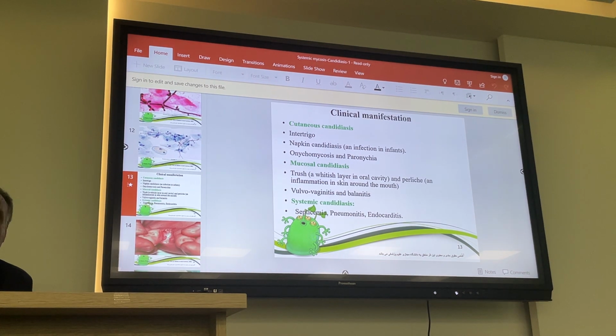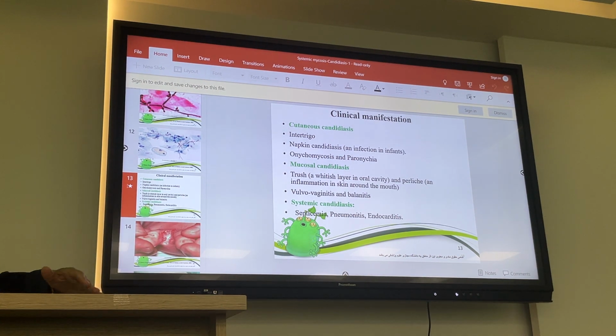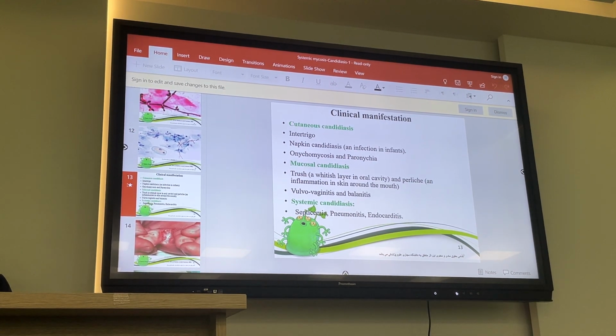Do you know solid transplantation? Yes or no? For transplantation, you need to suppress the immune system. In this situation, the Candida changes to the pathogenic form.